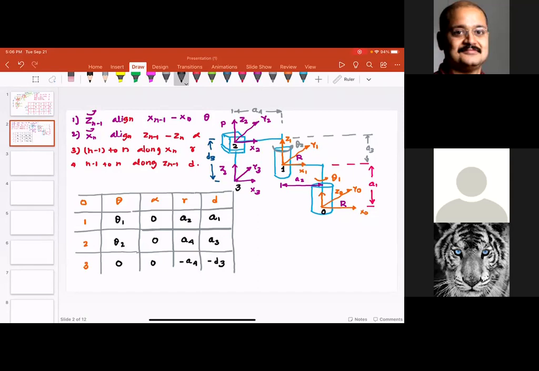Then, aligning frame number 2 with frame number 1 along Xn: please notice that this distance is along Xn, which is along X2. That's why this is positive. A4 is positive. Everyone understood this?